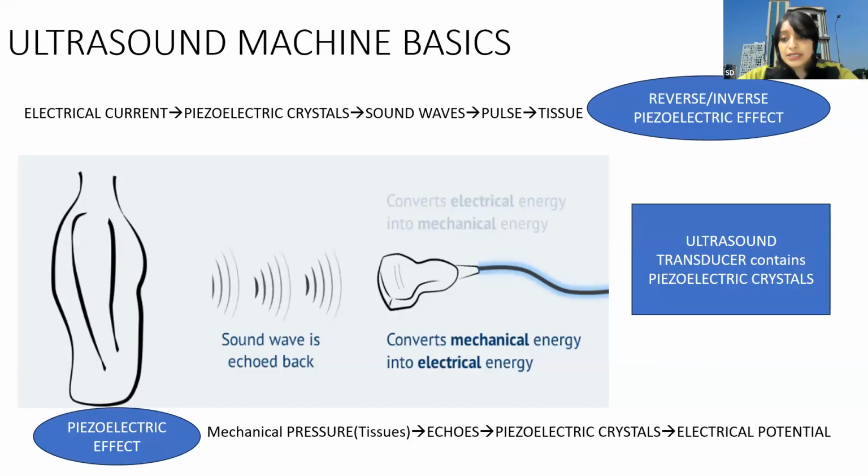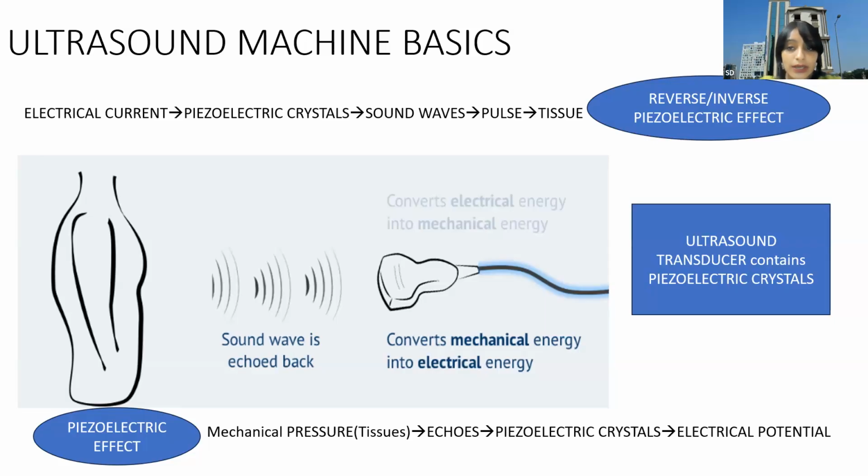In the tissue, a mechanical pressure wave is created. The tissue in turn creates echoes. These echoes go back and hit the piezoelectric crystals present on the probe. Finally, an electrical potential is generated, and that is how we are able to see it on our USG screen.